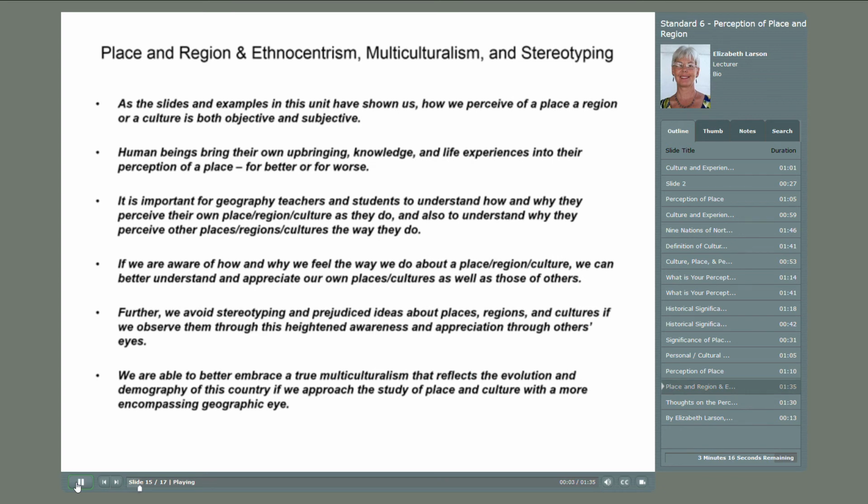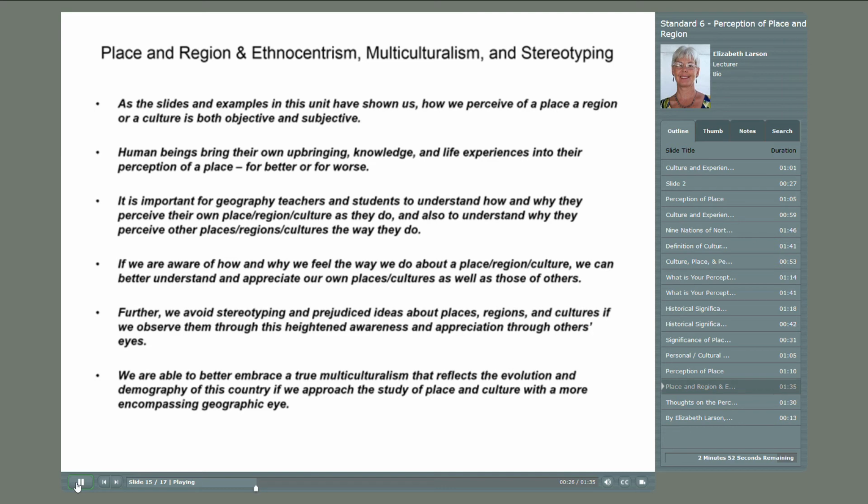In this slide, we're going to look at place and region, ethnocentrism, multiculturalism, and stereotyping. Some more themes that are at play in the perception of place and region. As the slides and examples in this unit show us, how we perceive of a place or a region or a culture is both objective and subjective at the same time.